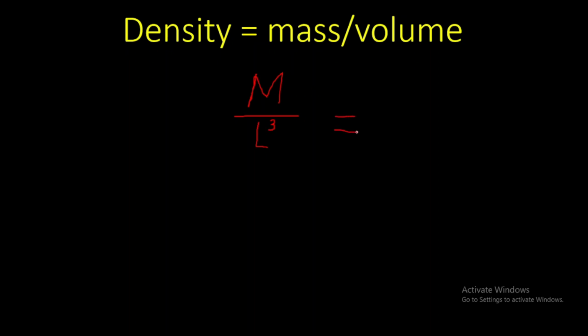So which is what? Mass multiplied by 1 divided by L in 3 places. Remember, 1 divided by L in 3 places is the same thing as L raised to the power of minus 3. So we have it as ML raised to the power of minus 3.